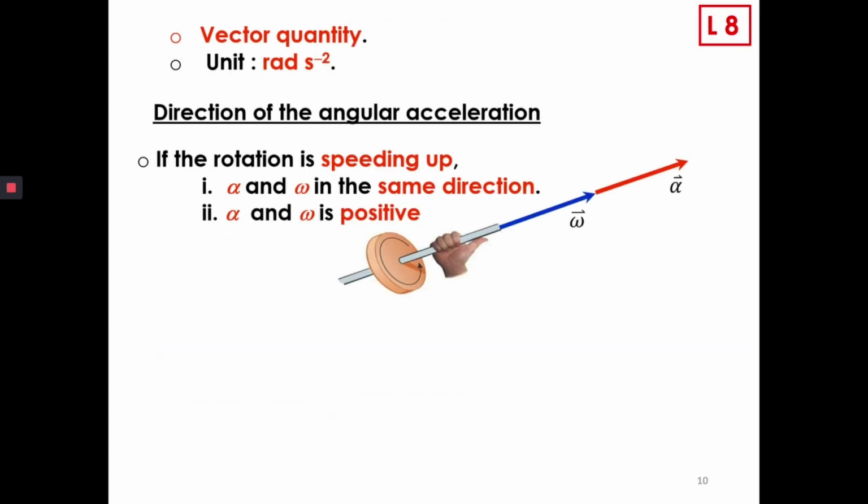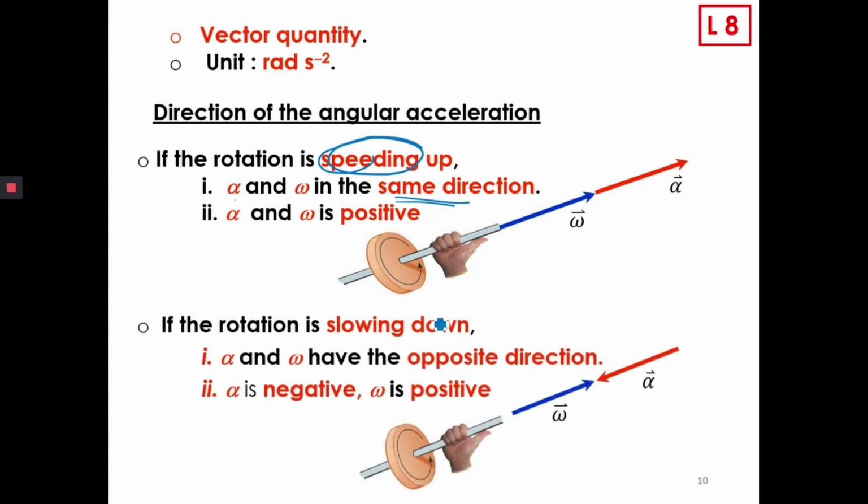Angular acceleration is a vector quantity and the unit is radian per second squared. Direction of angular acceleration: if your rotation is speeding up, your alpha and omega are in the same direction.